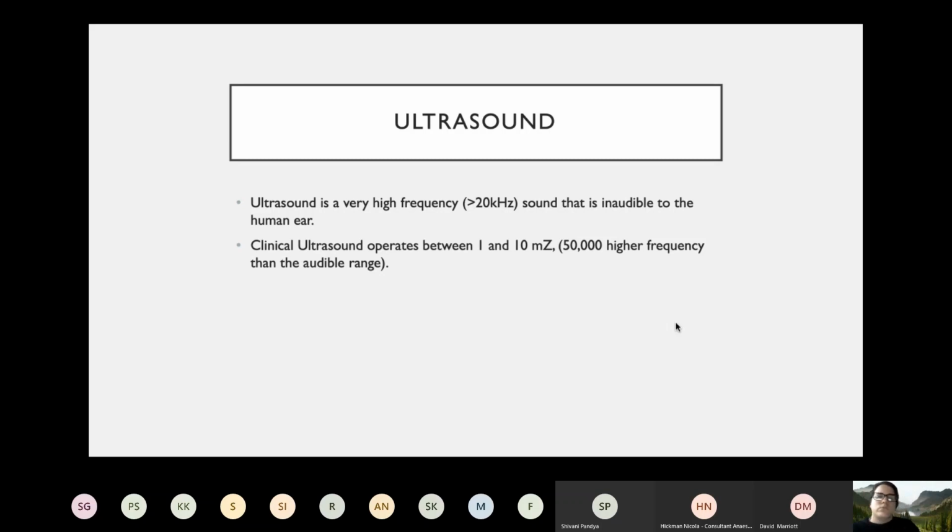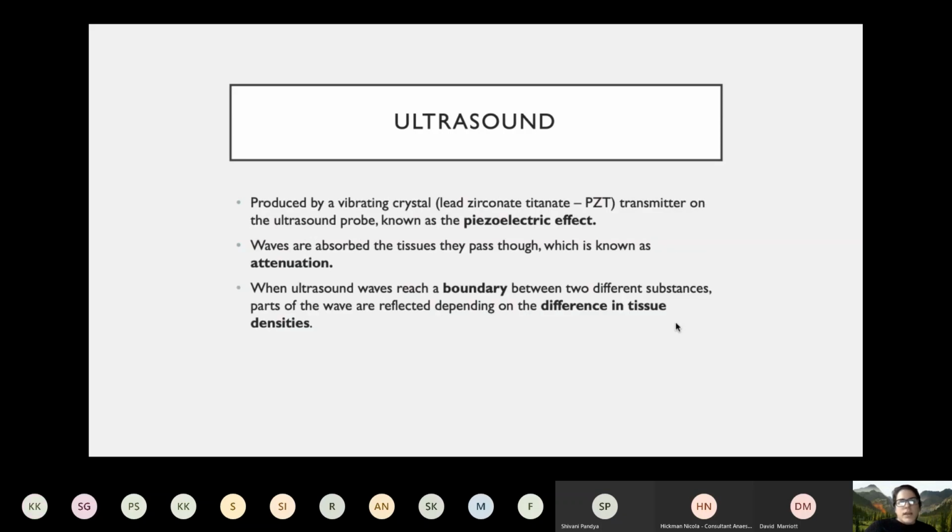I think animals wouldn't be able to hear these frequencies either. It's produced by a vibrating crystal, lead zirconate titanate, which is on the ultrasound probe, and the process by which it vibrates is known as the piezoelectric effect. So being able to define the piezoelectric effect is part of the curriculum.